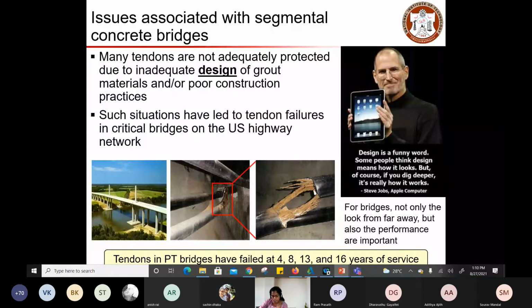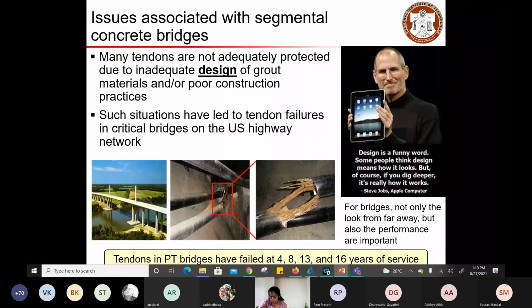The issue generally that we observe with segmental concrete bridges is that we do design properly, but we do not take care of those things when we implement the design. So many tendons are not adequately protected due to inadequate design of grout materials and poor construction practices. This becomes very critical, especially in the infrastructure projects we are talking about.